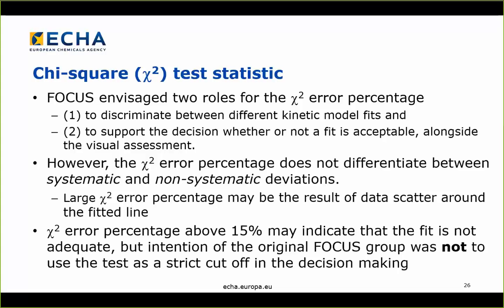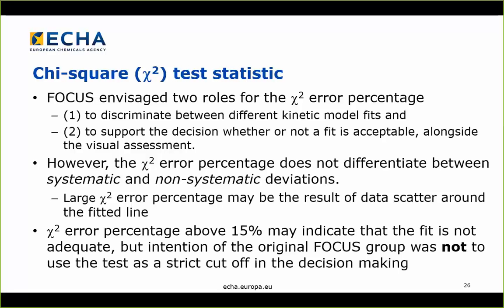However, an important point is that the chi-squared error percentage doesn't differentiate between systematic and non-systematic deviations. And it's those systematic deviations that you can really pick up very easily with the visual assessment. But the chi-squared statistic doesn't really do that. Okay. So when you look by eye, you can see that your model is systematically starting to deviate from your observed data.